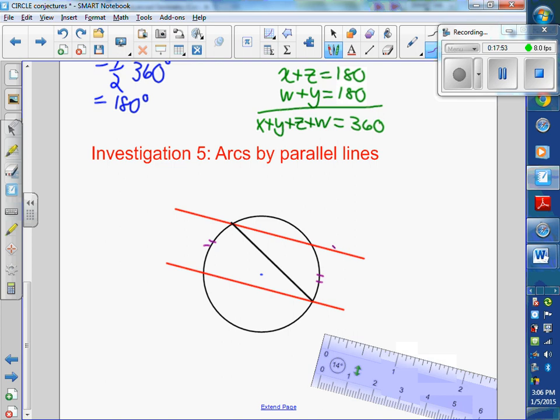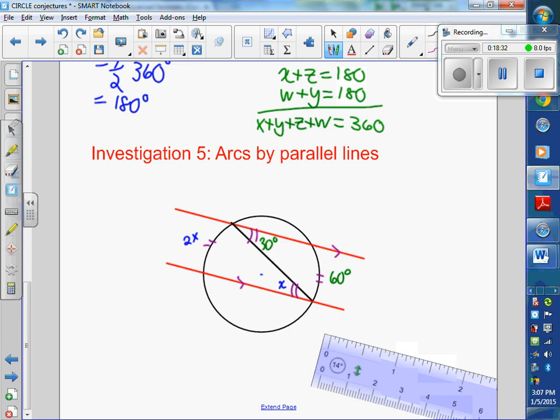Since these lines are parallel, the alternate interior angles are congruent, and since the alternate interior angles are congruent, if this has a measure of x, this would be 2x, because remember, an inscribed angle is half its intercepted arc. So putting numbers to that might make this easier for you. If this were, say, 30 degrees, this would be 60 degrees.